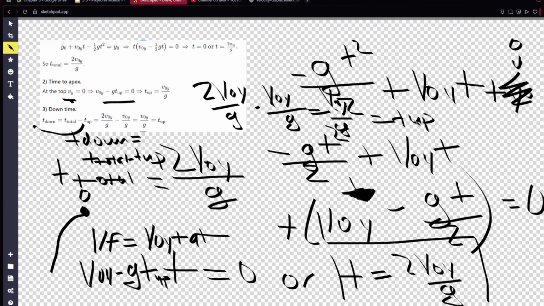In simple terms, the time it takes for something to go up is going to be the same as the time it takes for something to go down, regardless of initial velocity, which is really genius, actually. Whoever figured that out is a genius. So, yeah.